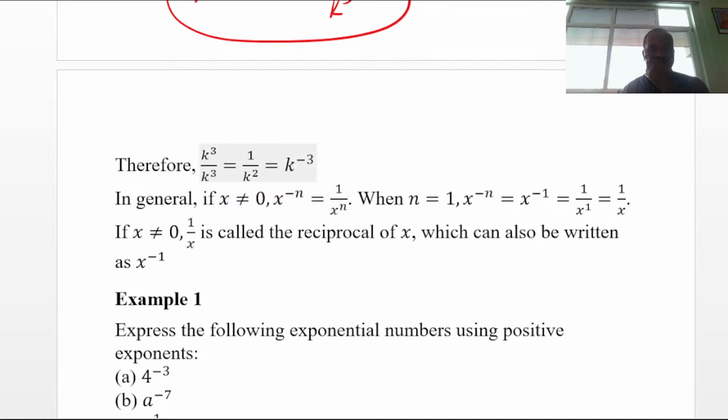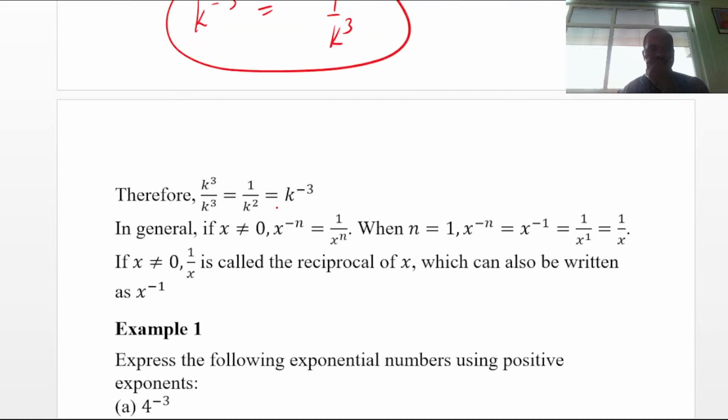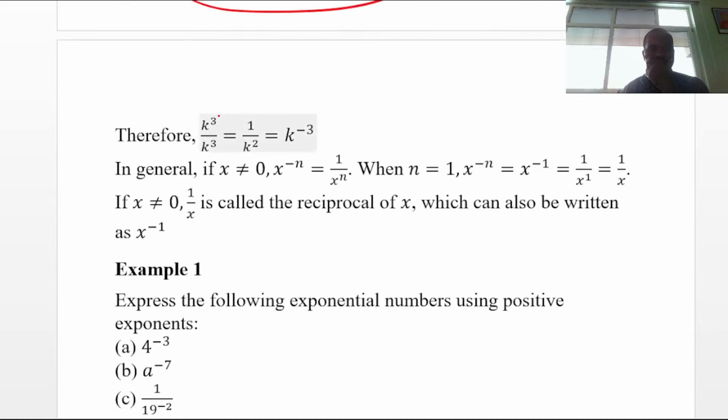An apology, just a comparison of what we discussed above, k power 5 over k power 8. One of them is 5, the other one is 8, and eventually you have 1 over k power 3, which is k power negative 3.